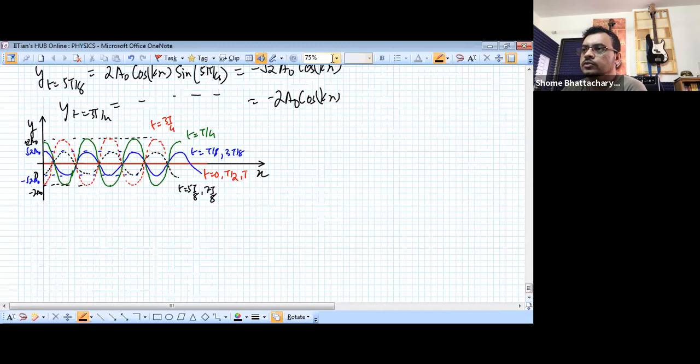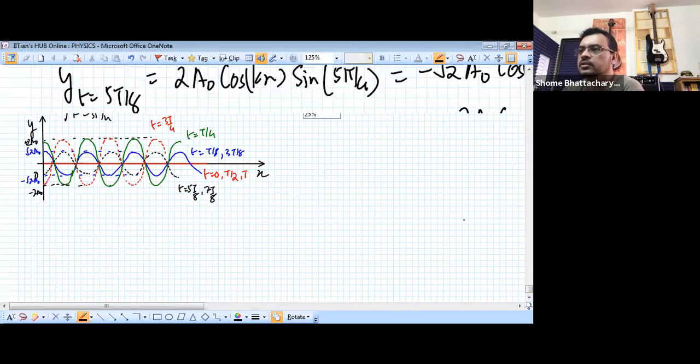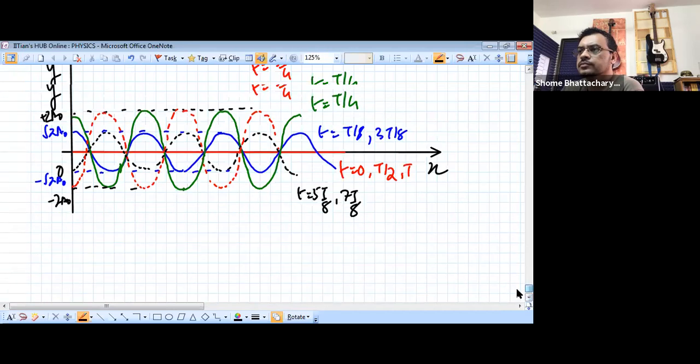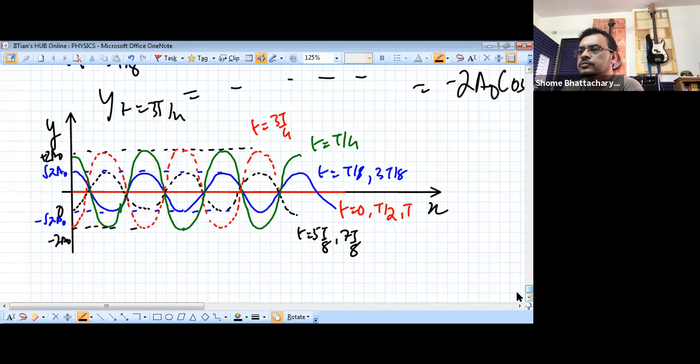Okay, so if you also look at this graph in a little bit more detail, you will understand that as far as the x coordinates is concerned, this point is of course 0. This point here is x equal to lambda by 4.